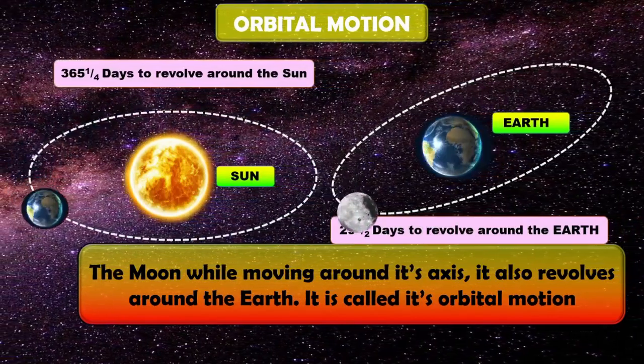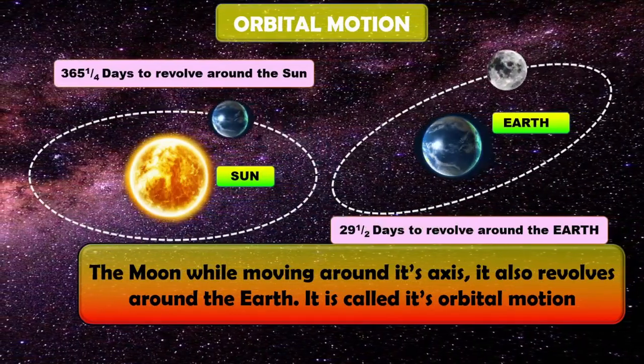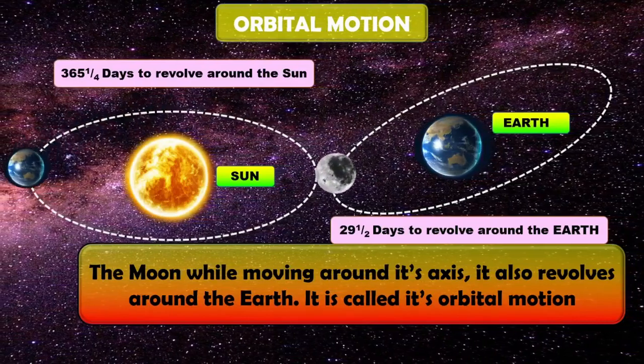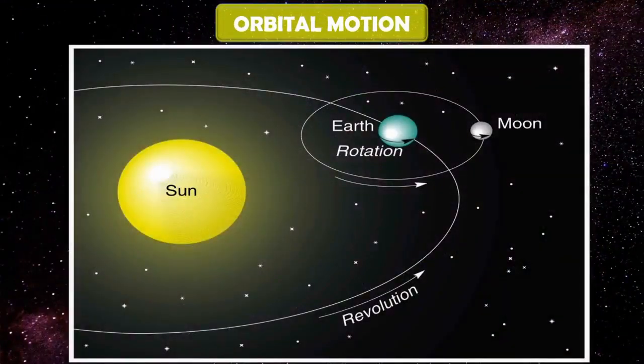So dear students, always remember, the moon, while rotating around itself, revolves around the earth and the earth revolves around the sun. As a result, though the moon does not revolve around the sun, indirectly it makes revolution around the sun.